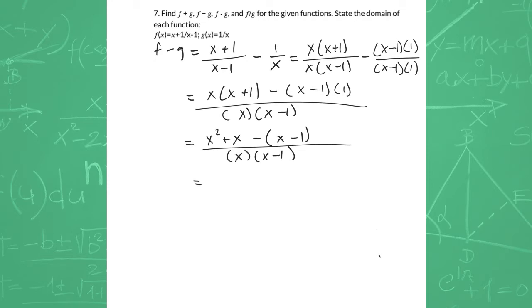But we still have to distribute this invisible negative 1 here. And when we do that, we have x squared plus x minus x plus 1. And we'll leave our denominator factored.